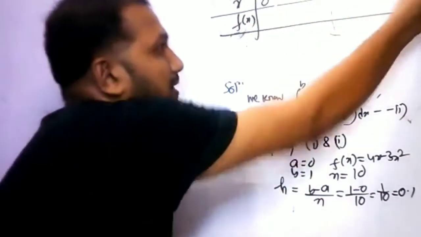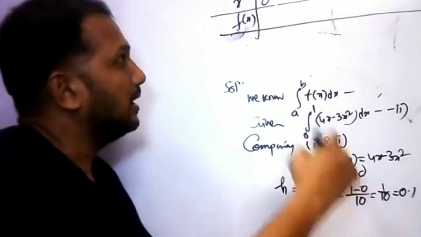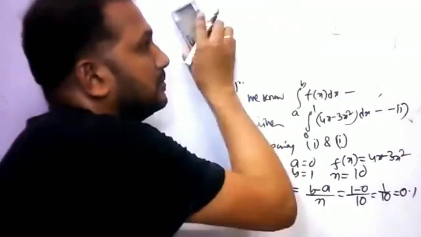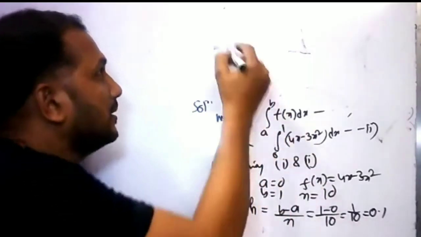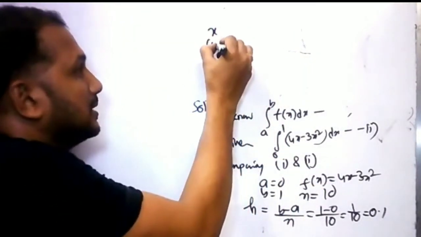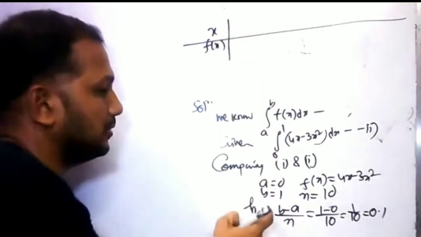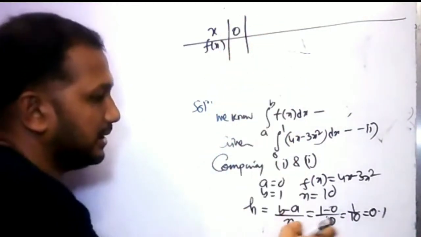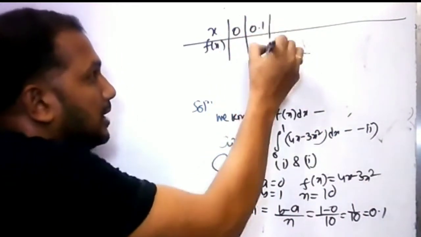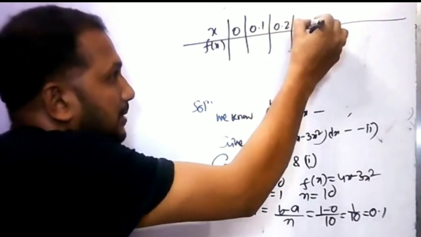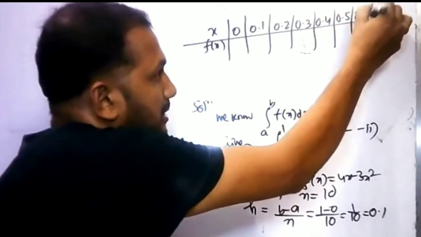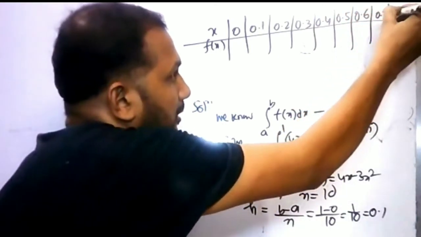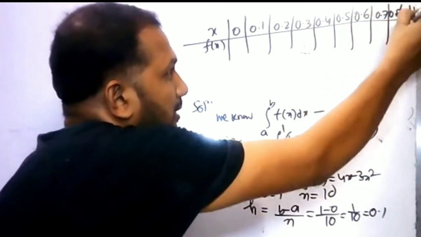Then x is incremented by h, which is 0.1: 0.1, 0.2, 0.3, 0.4, 0.5, 0.6, 0.7, 0.8, 0.9, and finally 1.